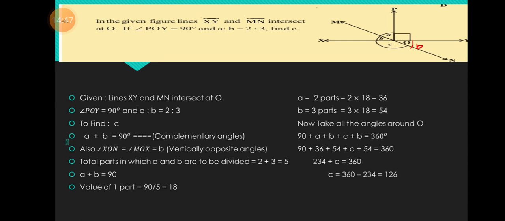A slight mistake is there, you change it. XON, correct only children, it's not wrong. MOX is equal to B since they are vertically opposite angles.